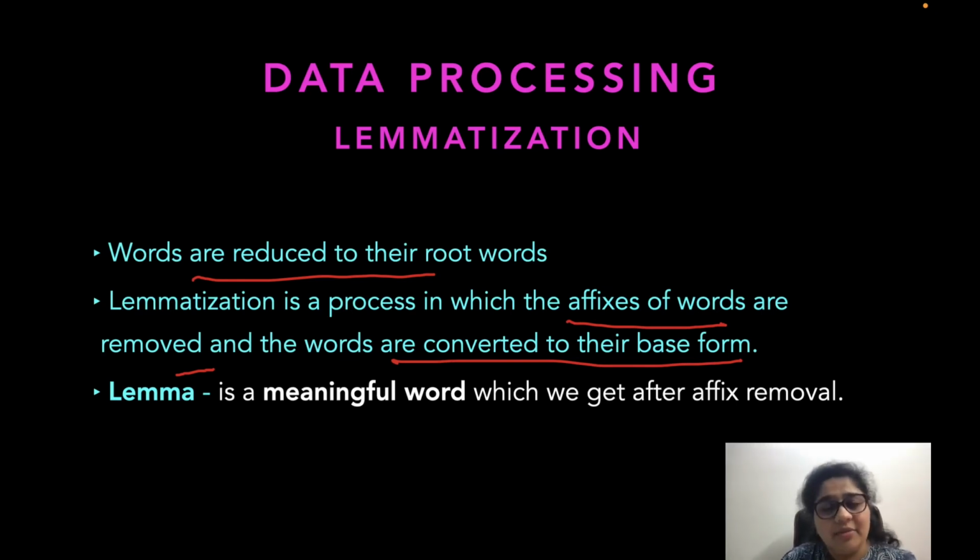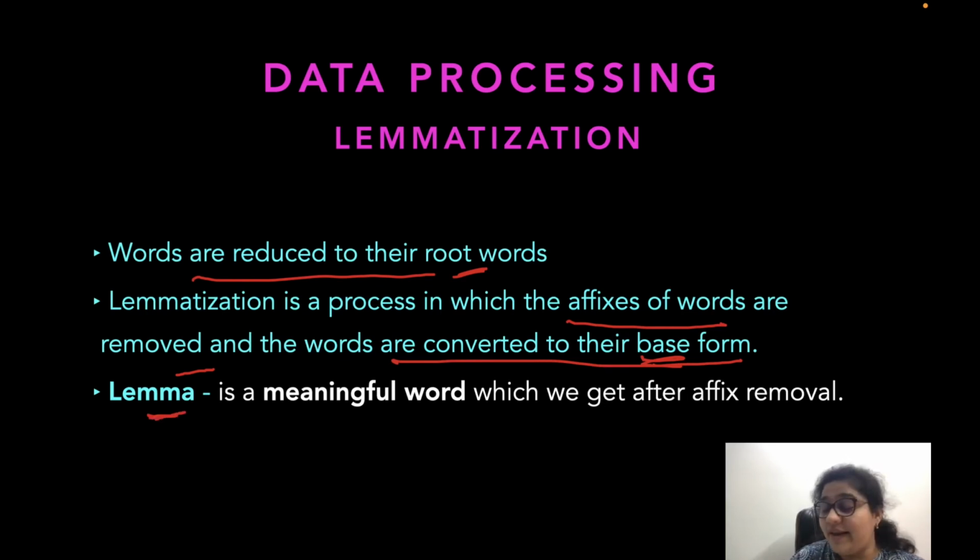In the lemmatization process, once this is completed, we get a word converted to its root or base form. What are we getting as an output of lemmatization? Lemma. In stemming, what were we getting? Stem. In lemmatization, we get a lemma.